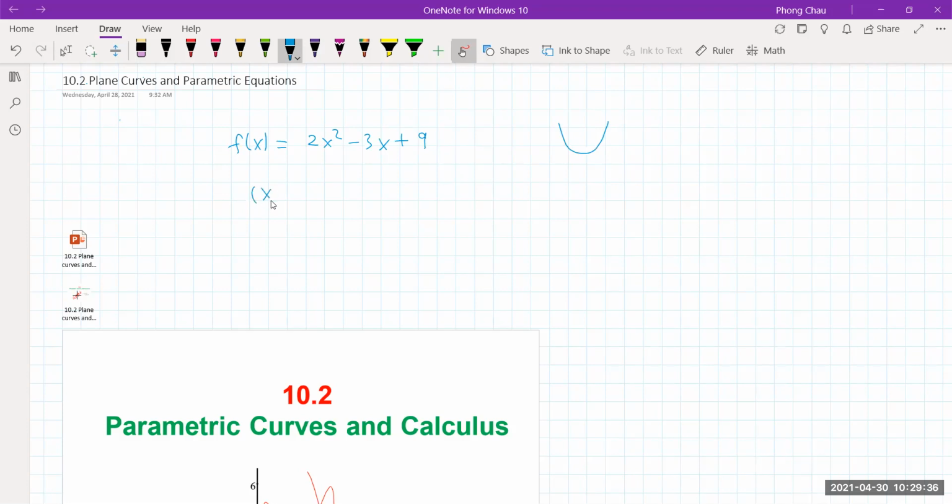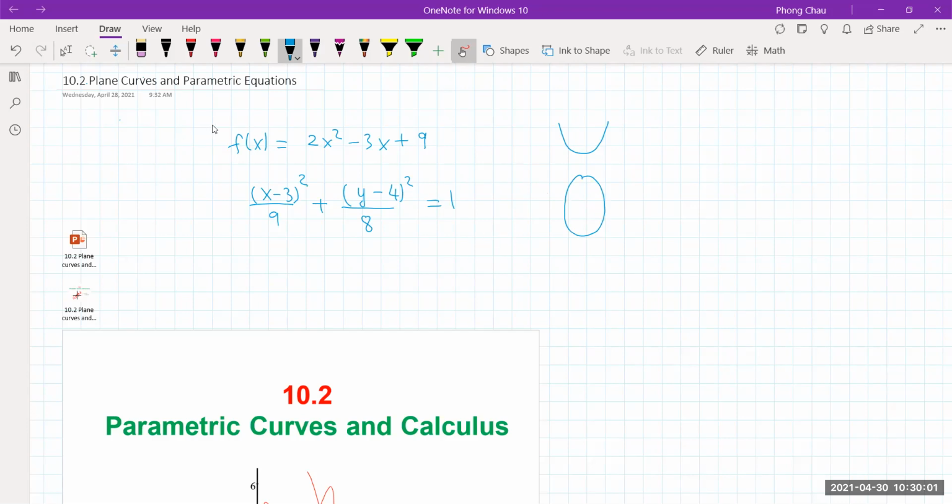The ones we've learned in the past, in 10.1, look more like an equation, right? You have x and y together forming an equation, and this describes an ellipse.